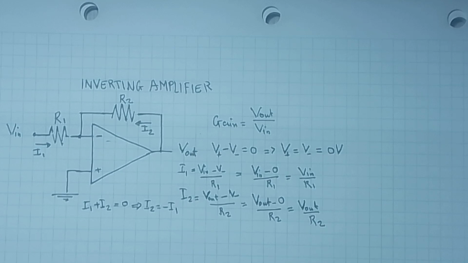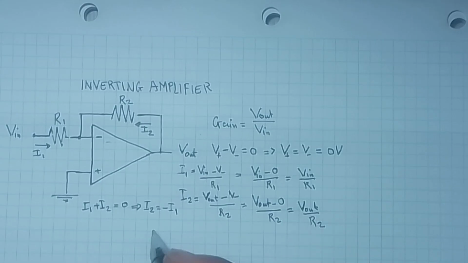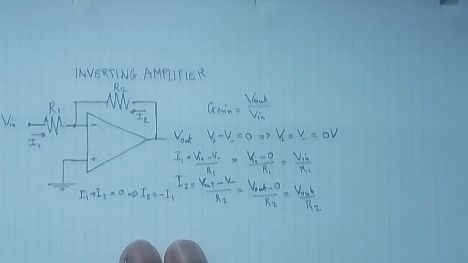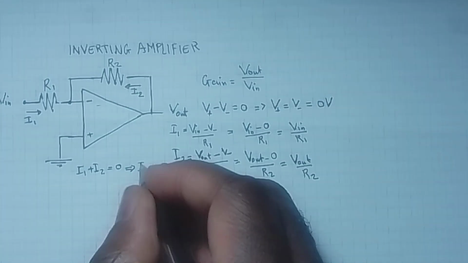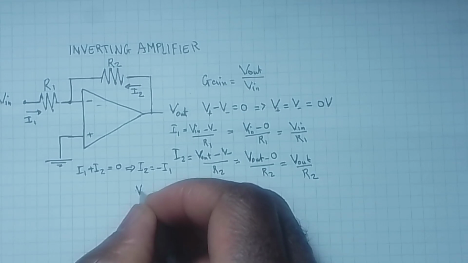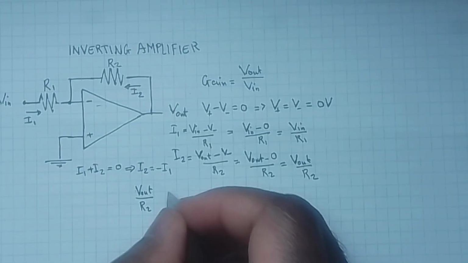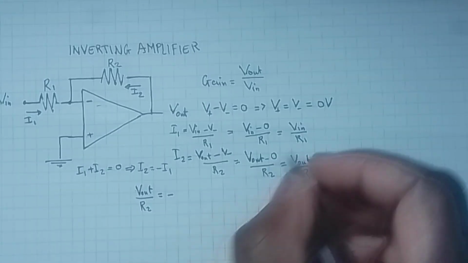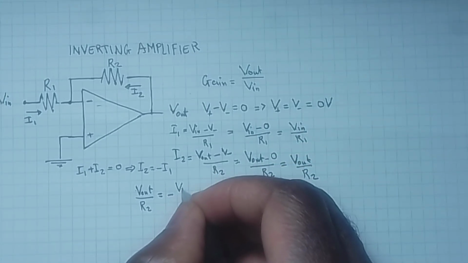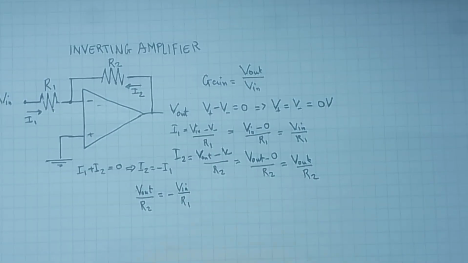Now, by substituting the calculated values of I1 and I2 into this expression, we get V out over R2 is equal to minus V in over R1.